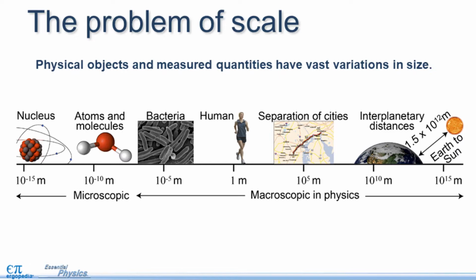And then we go all the way up, even further than the distance between the Earth and the Sun, all the way to the size of our galaxy and the universe itself. So when we're looking at measurements that are really, really small or really, really large, and they're not just the measurements that we would take in everyday life, we have to express those very large numbers and very small numbers in a different way.